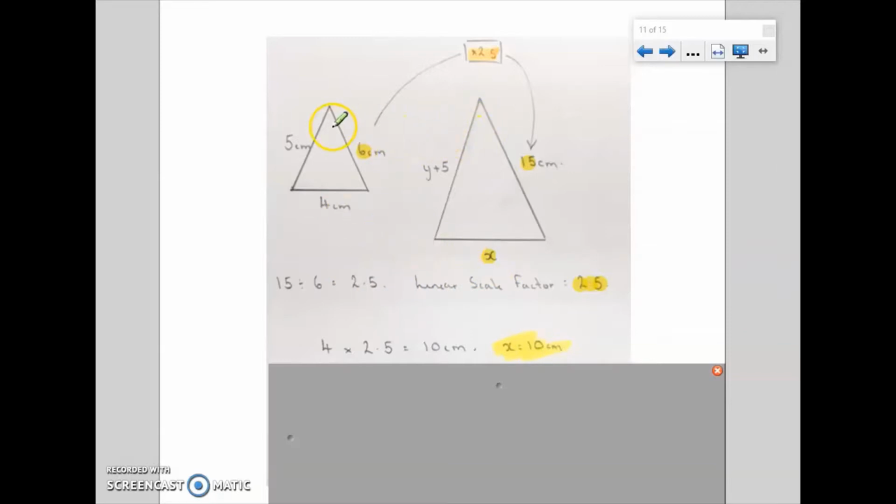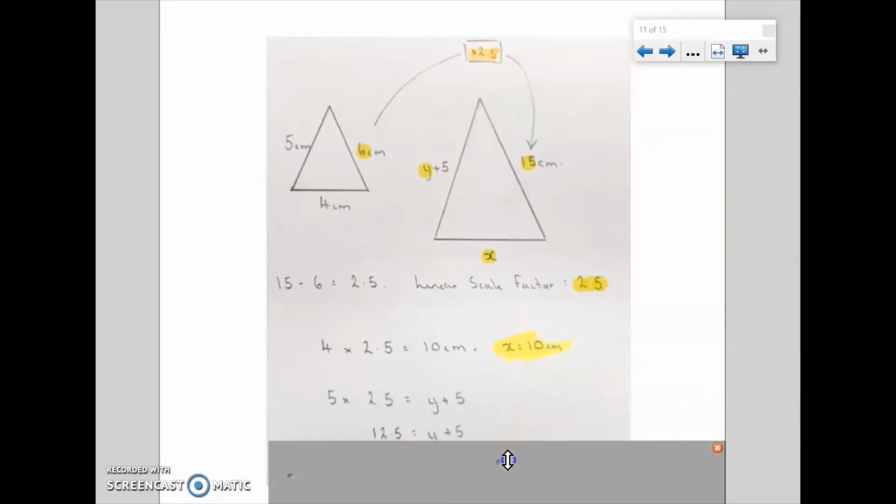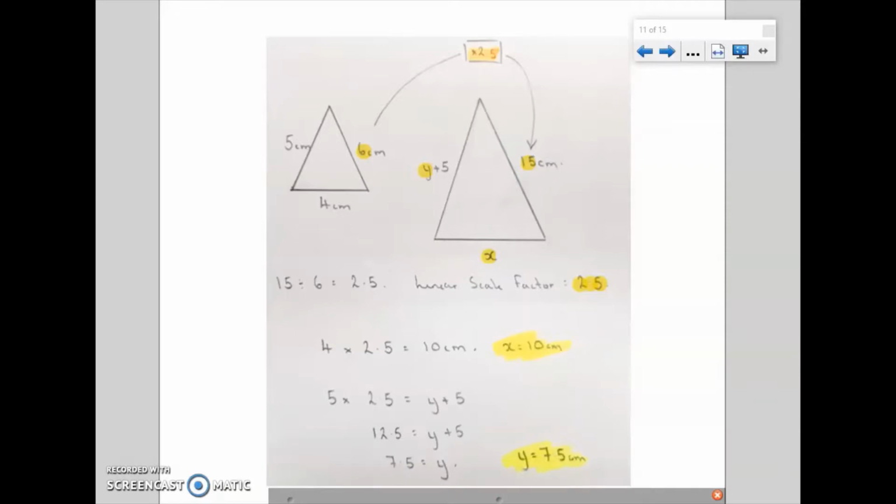Now I'm going to try and work out y. So I'm going from 5, I'm going to multiply by 2.5 to get the full length of this line. But I only want to know y. So whatever the full length of this line is, I'm going to be subtracting 5 from that answer. So 5 multiplied by the scale factor gives me 12.5.